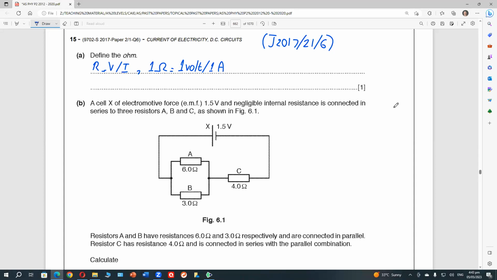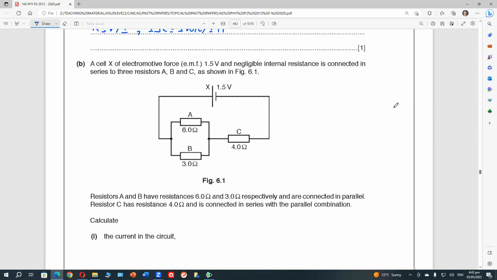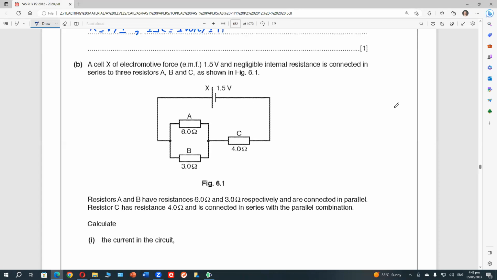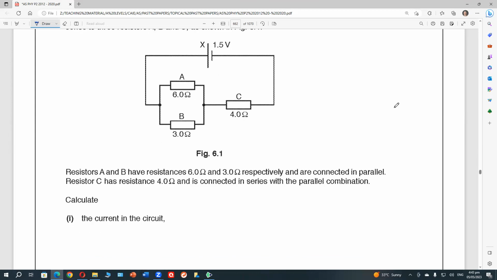A cell of EMF 1.5 volt and negligible internal resistance is connected in series to three resistors A, B, and C. Resistors A and B have resistances 6 and 3 respectively and are connected in parallel. Resistor C has resistance 4 and is connected in series. Find the current in the circuit. So first we should find the effective resistance.